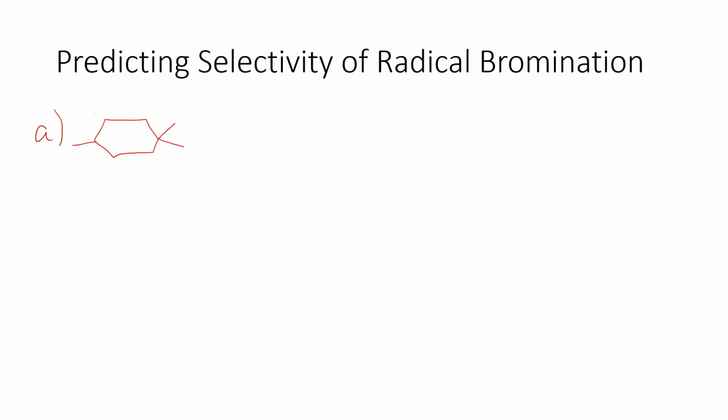So remember, tertiary is more stable than secondary, which is more stable than the primary, which is more stable than methyl. Again here, allyl is more stable, and then we have the benzyl.